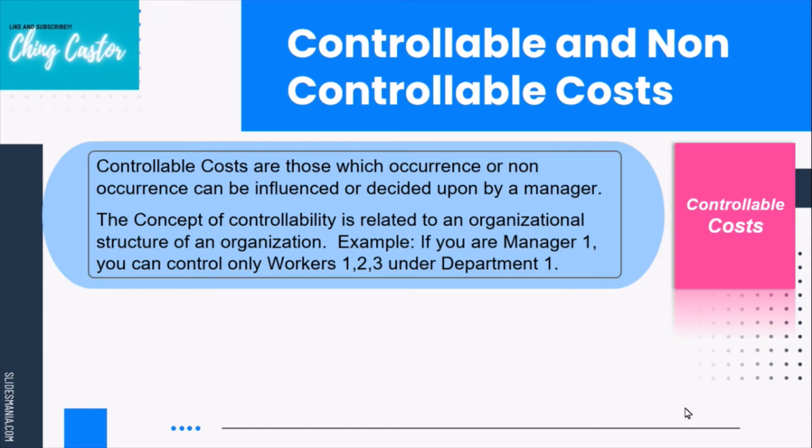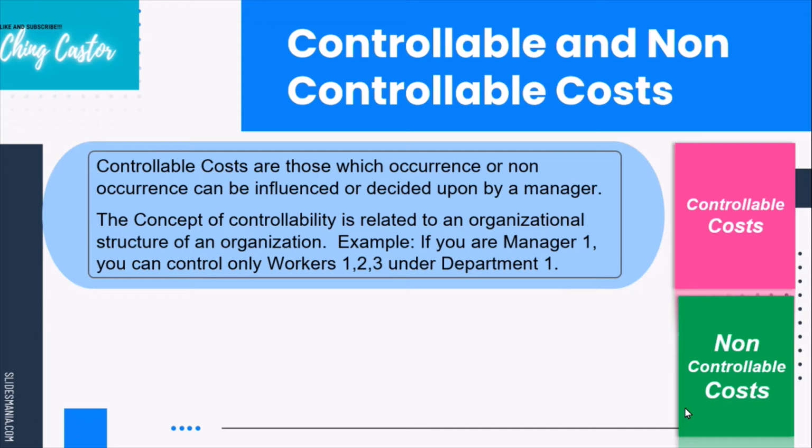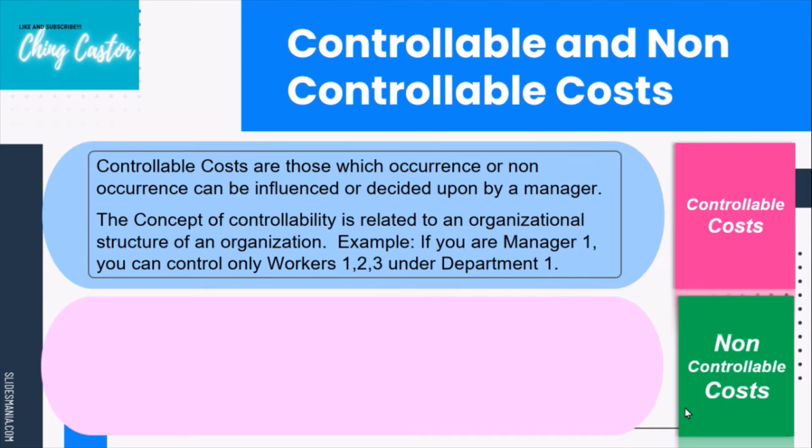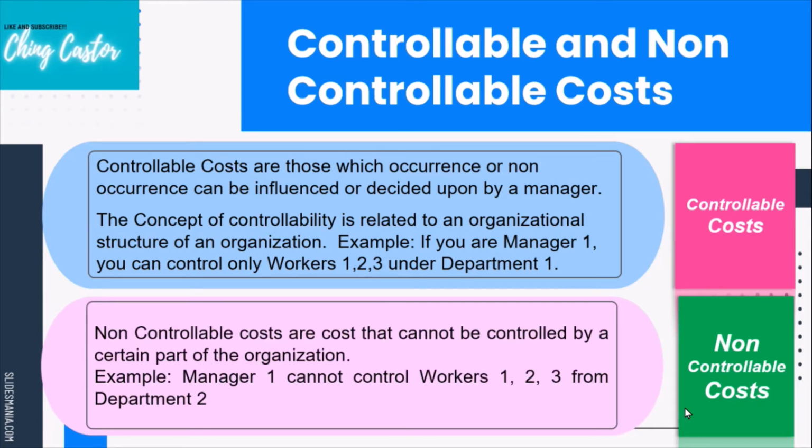So, example, if you are manager 1, you can control only workers 1, 2, 3 under department 1. Non-controllable costs are costs that cannot be controlled by a certain part of the organization. So, example, manager 1 cannot control workers 1, 2, 3 from department 2.